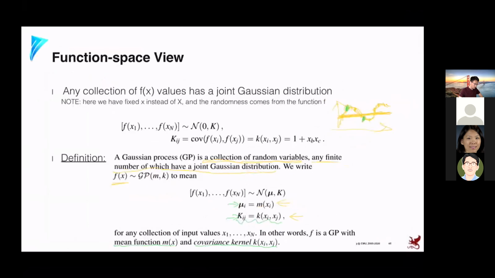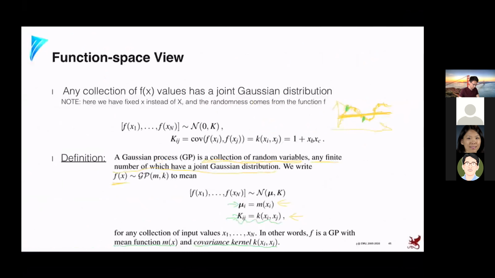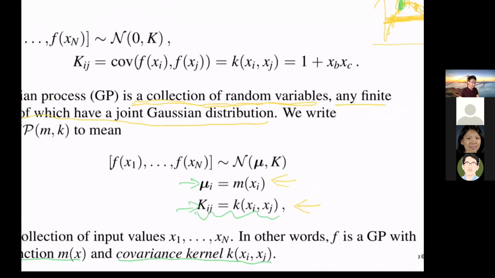With this definition, let's look at another point. In this particular definition, there is no restriction or constraint on the form of the covariance kernel or the mean function, right? No restriction. So I guess for the covariance, it may be required to be a kernel function.